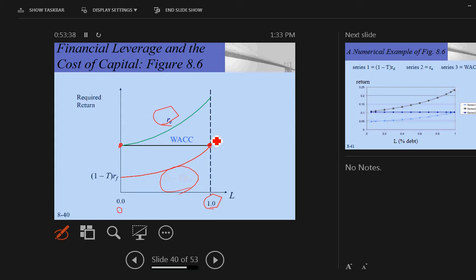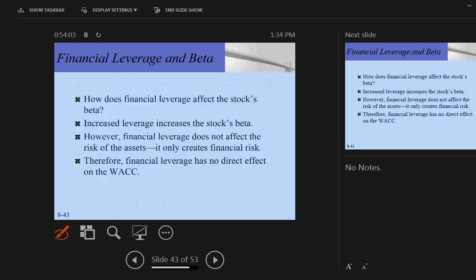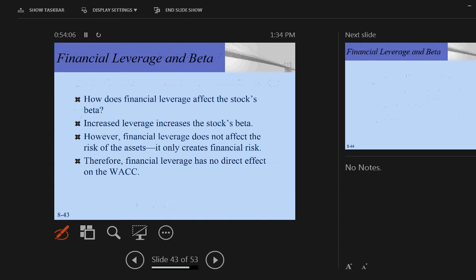But once you get to debt equal to 100%, the cost of debt is actually equal to the cost of equity when debt was equal to 0, right? That's exactly meaning that debt holders become equity holders when debt is equal to 100%. Okay, so here's a numerical example that I'm sure you can look at on your own, so I'm going to skip this.